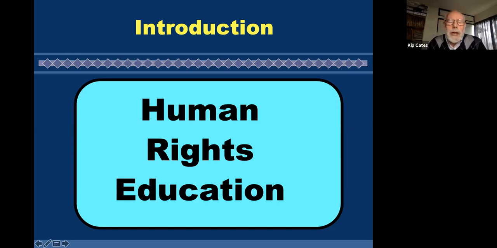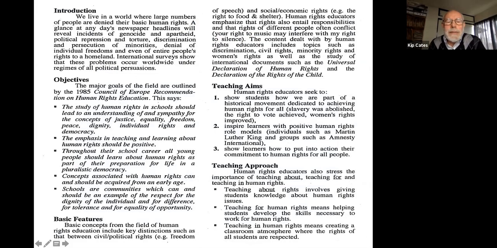Good. When we talk about teaching against prejudice, teaching for human rights, it's always good to go to the experts to find out what human rights education is. So let's take a look at this first page. Top left, introduction. We live in a world where large numbers of people are denied their basic human rights.